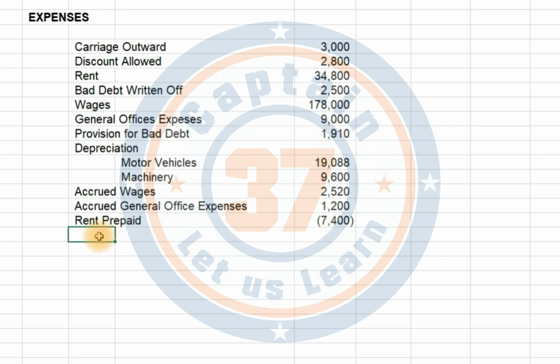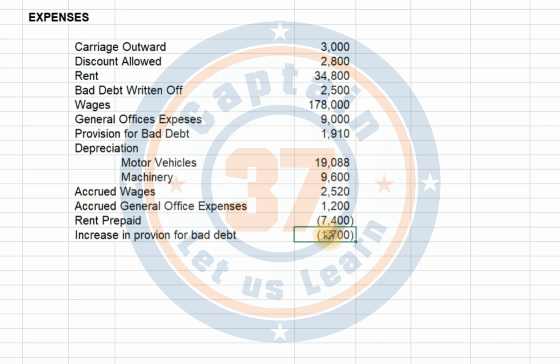So there has been an increase in the provision for bad debt. The increase is between this and 1,700. Ideally, it is a difference of 210. It is this minus that, which gives us 210.